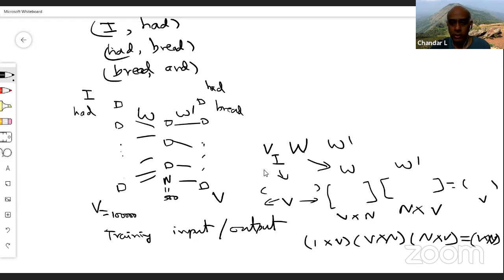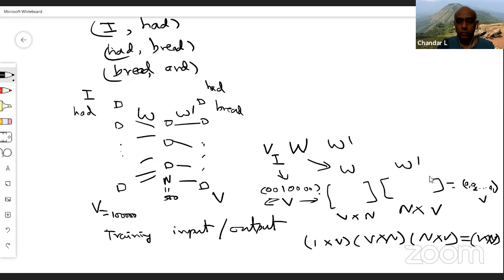Now the only catch is that here it was a one hot encoded vector, so only one of them was fired. If you see the 001, that corresponded to the word I, and everywhere else was 0. Whereas what we finally have is going to be values in all these places, A1, A2, up to AV.